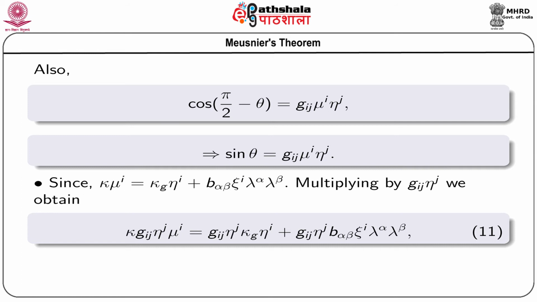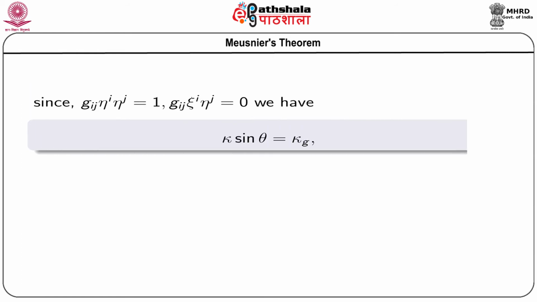Now, g_ij eta^i eta^j is equal to 1. So, it is kappa_g. And g_ij eta^j xi^i is equal to 0. So, the second term is equal to 0. So, as in the previous discussion, g_ij eta^i eta^j equals 1 and g_ij xi^i eta^j equals 0.